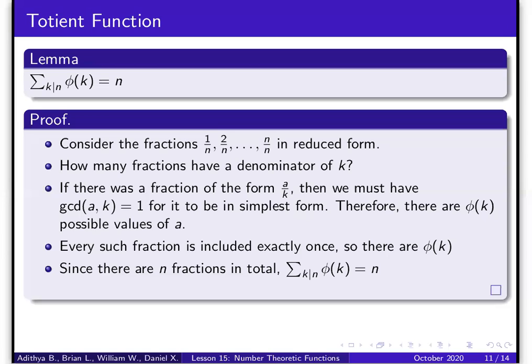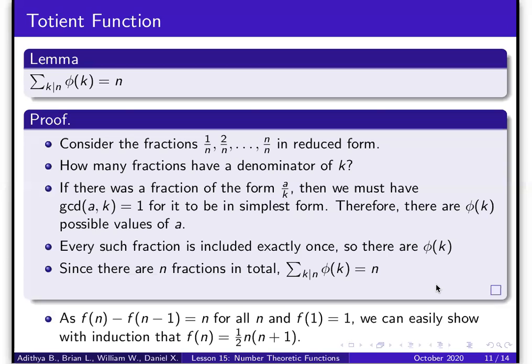But we note that we wrote exactly n fractions at the top here, because you can just see from the numerators that there are n fractions. So this means that this sum is also equal to n. So that proves the lemma.